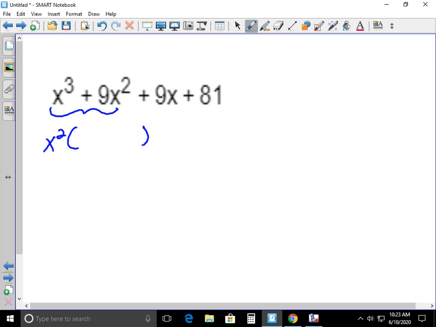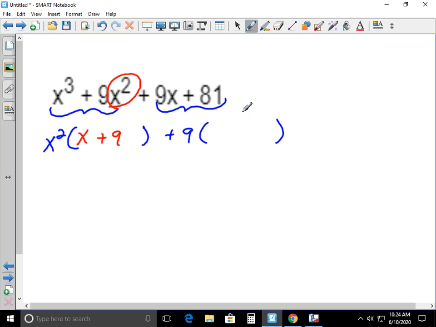And then we're going to group the last 2 together and pull out what they have in common. For the first 2, if we take an x squared out, we're left with an x there. X squared times x is x cubed. And if we take an x squared out here, we're left with a 9.